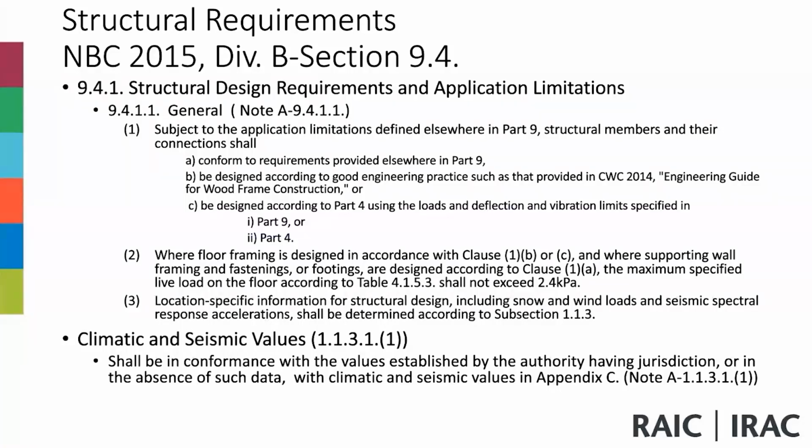So no matter how you're designing, you cannot exceed a maximum specified live load on the floor according to Table 4.1.5.3 of 2.4 kPa. So these are the limitations on the live loads to be used in Part 9 on structural elements.